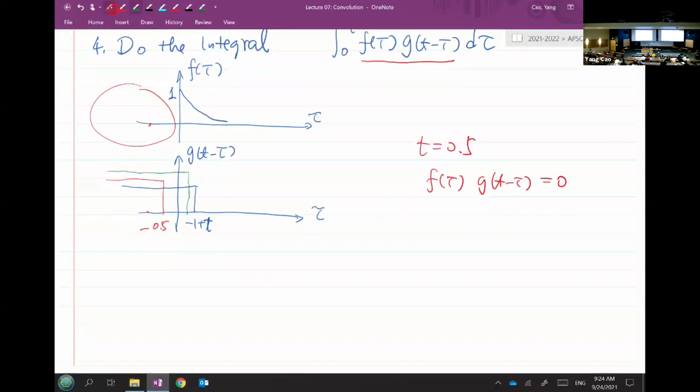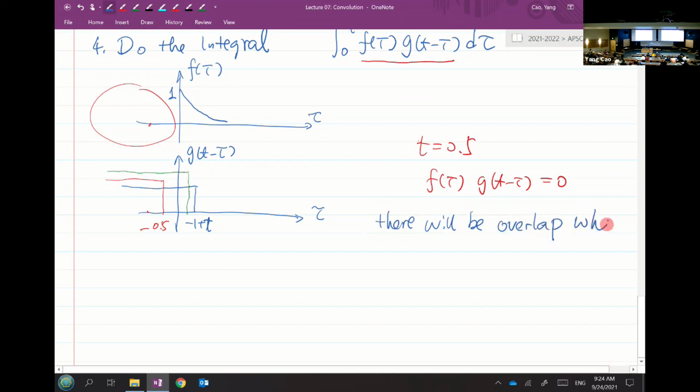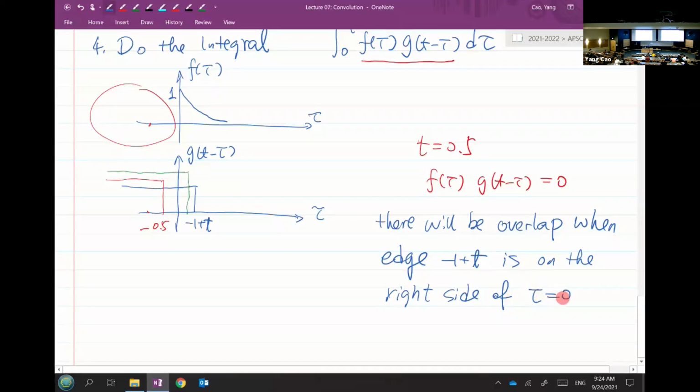So there will be overlap when the edge here, which is -1 plus t, is on the right side of tau equal to 0, the vertical axis.